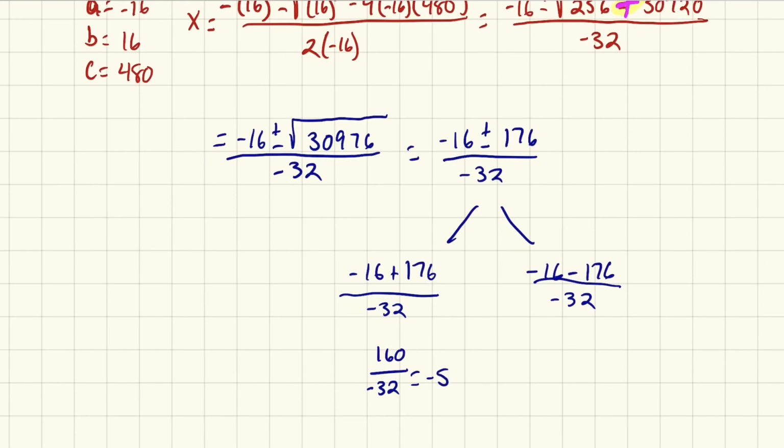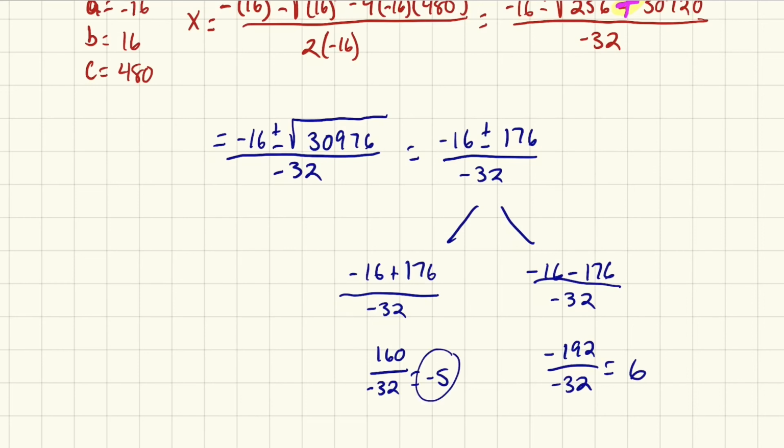Our second problem, we have negative 16 minus 176. That's going to give us negative 192. When we divide that by negative 32, we end up getting positive 6. So look at that. After all those long numbers, we get two answers.